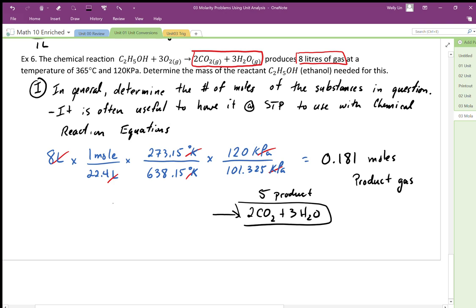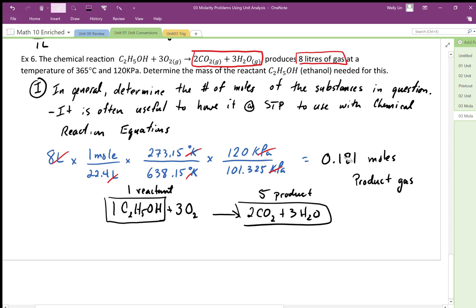So I have 1 C2H5OH plus 3 O2s. I'm not that interested in the O2s. What I'm interested in is that 1 molecule of reactant. So now I have the ratio of 5 moles of product for every 1 mole of reactant.